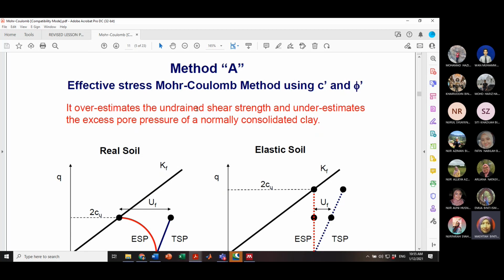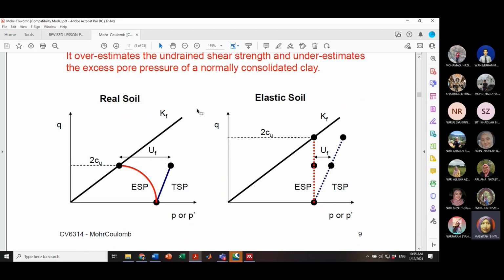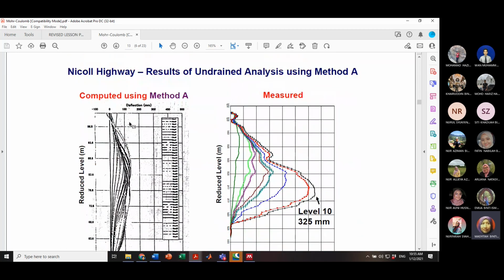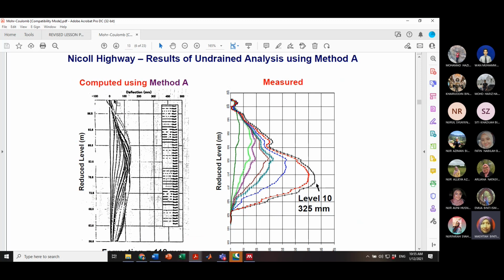In practice, the recommendation is to use method B, simple. From this slide too, if you want to try for self learning, just to confirm that method B is what people always use instead of method A, you can see from the final output of the analysis. There is one case here comparing method A and the measured, or observed on site. What you will see here is that the deflection is less, underestimated compared to the measured on site.